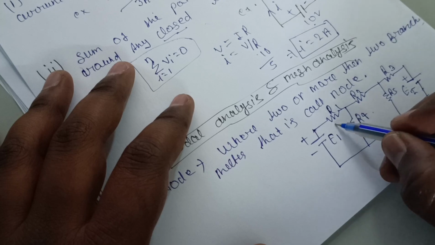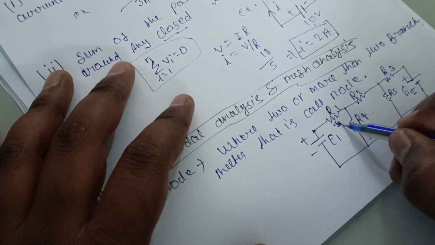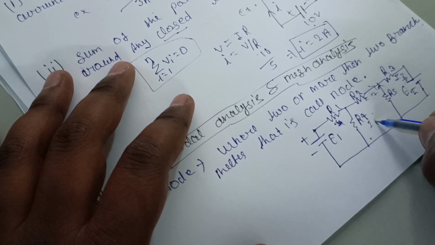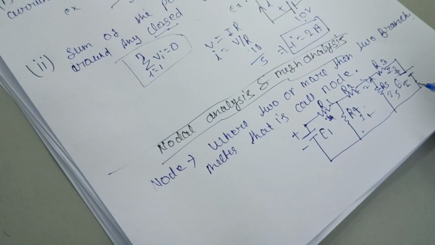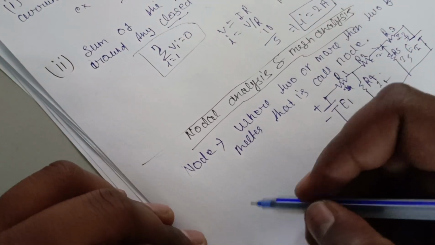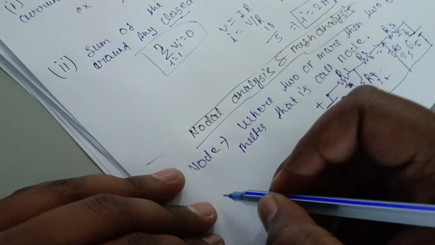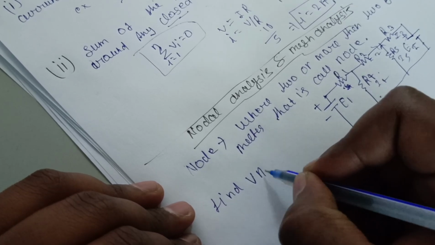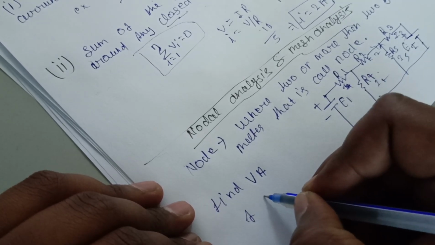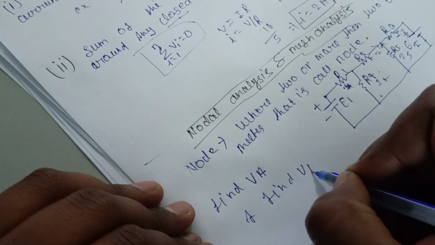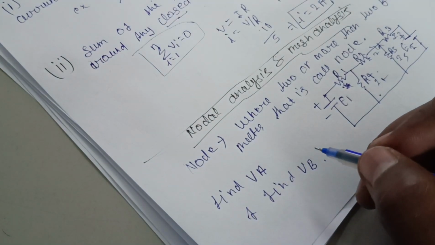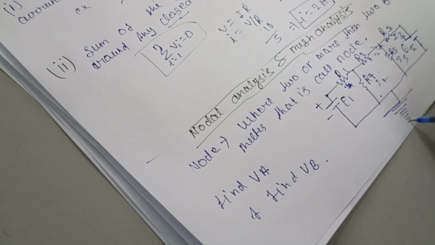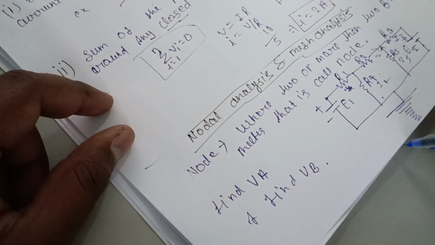If there are resistances, then current will be flowing through each: I1, I2, I3, I4, I5. So basically, how can a question be asked in nodal analysis? Find VA and find VB, and here we have done earthing. That is how a question can be asked.